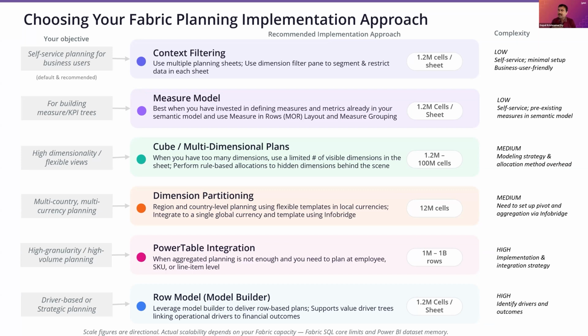The cube and the multidimensional plans we did not have in the InfoRiver world, but this is something that we have invested over the last 2 years to bring. But we wanted to retain the essence of no code and self-service. Just because we want to do multidimensional planning, we didn't want to make our product complicated. We really are proud to say this is incredibly flexible. You can actually create a lot of different flexible views and plan at a higher level, plan at a lower level.